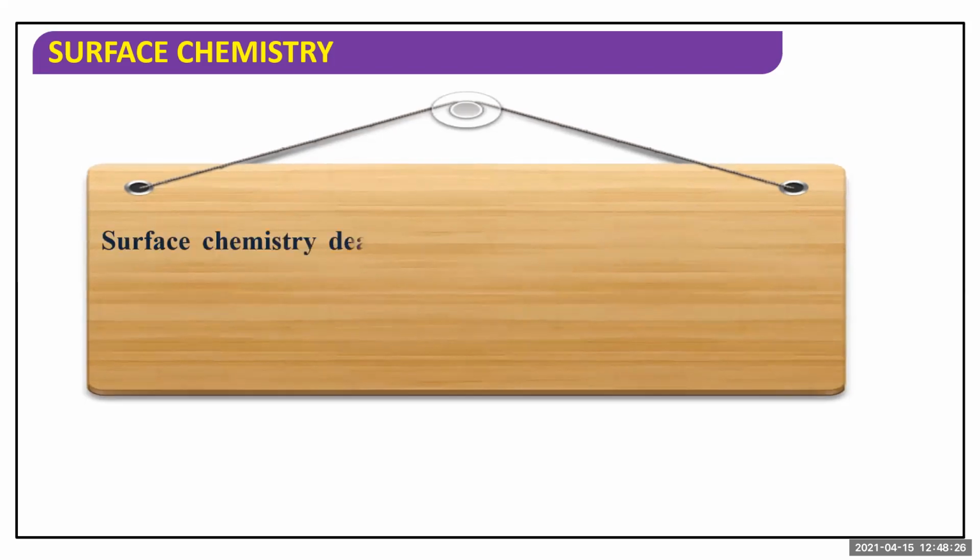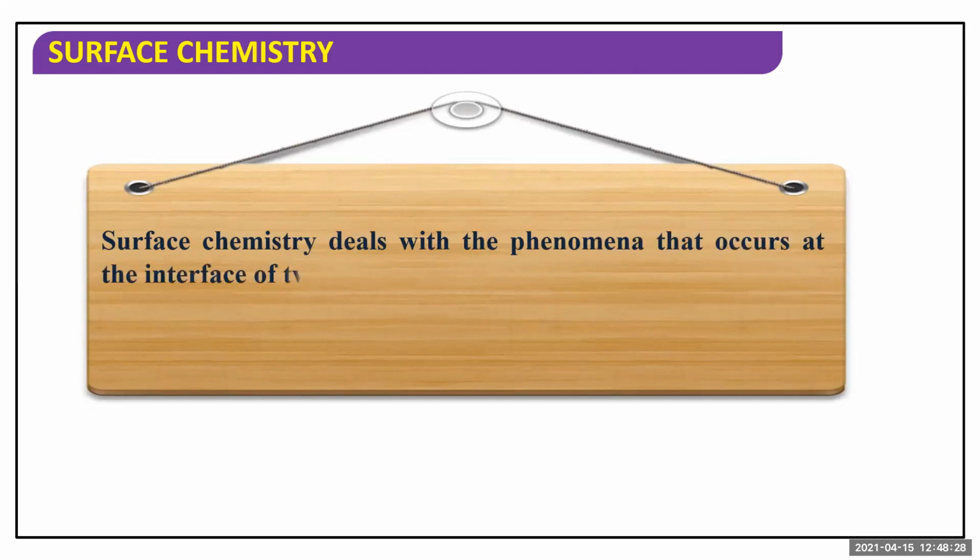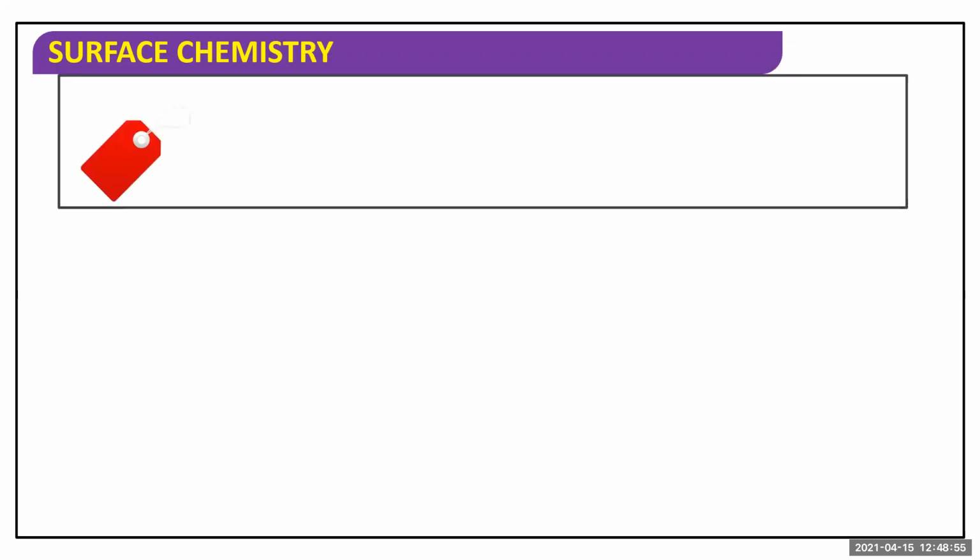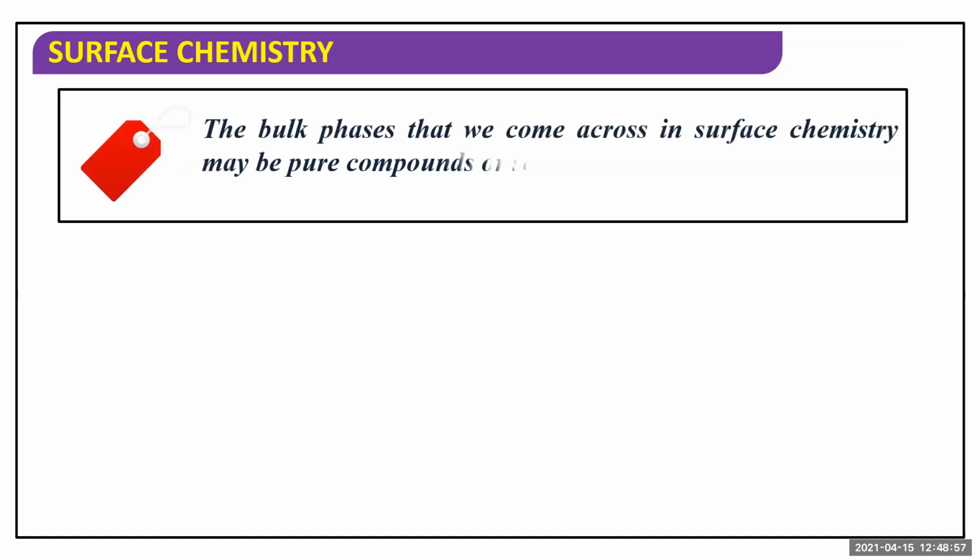Surface chemistry deals with the phenomena that occur at the interface of two phases. For example, if it is solid and liquid, then in these two phases, solid and liquid, there is an intermediate surface. Surface chemistry deals with phenomena at the interface of two surfaces, like water and any solid, or any liquid with a solid.